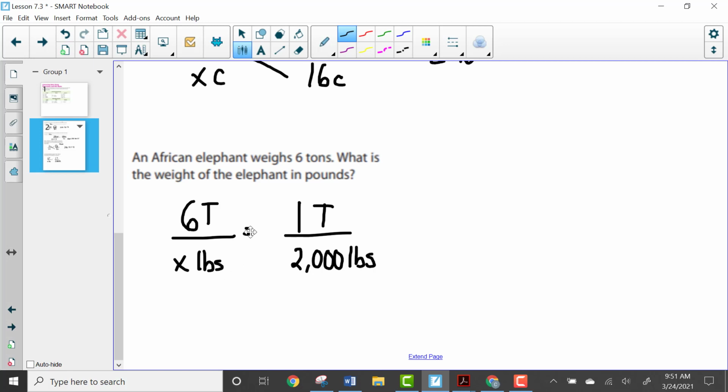So we set this up as a proportion. Again, tons and tons, pounds and pounds are right across from each other. I want you to pause the video, work this problem out, and then when you press play, we'll go over the answer. So I'd like you to pause the video now.